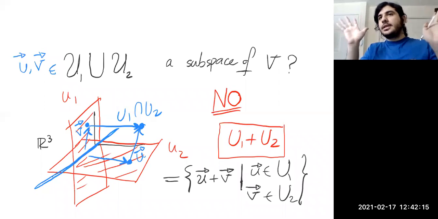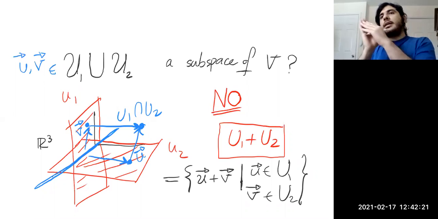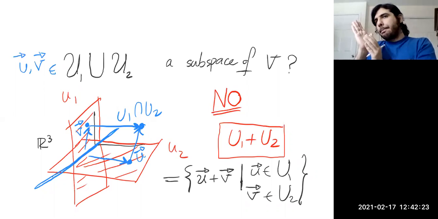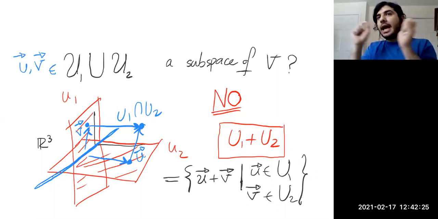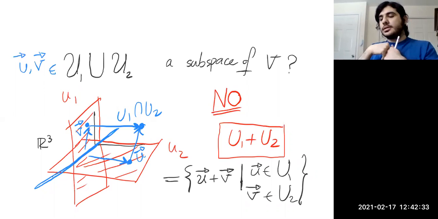Each of these two subspaces has a lot of elements. Look at all elements in U1 and all elements in U2. They're vectors, you can add them. Look at all these additions. The set of all of them is U1 plus U2.